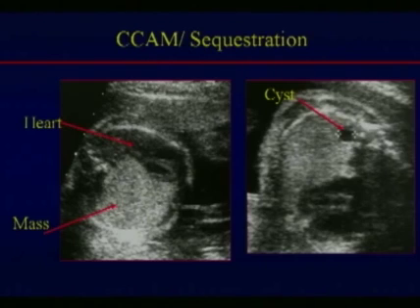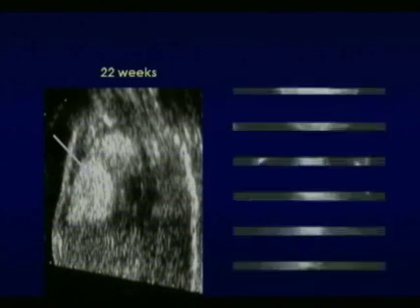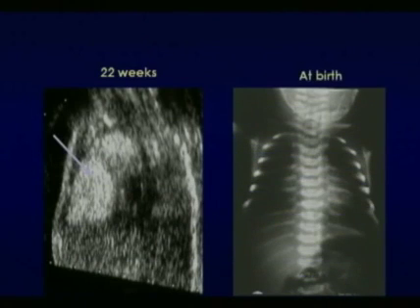But the natural history is such that these actually have a very good prognosis. These lesions will look like they disappear, they look like they resolve, and the heart and the mediastinum will return to their normal position in the vast majority of cases, particularly these echogenic masses. So we give a uniformly favorable prognosis when we see these.